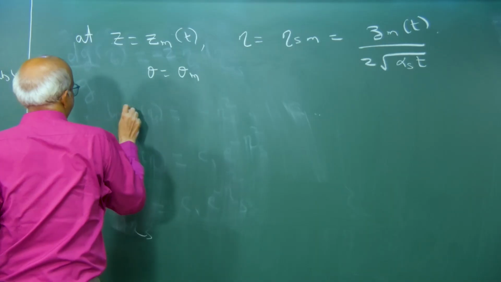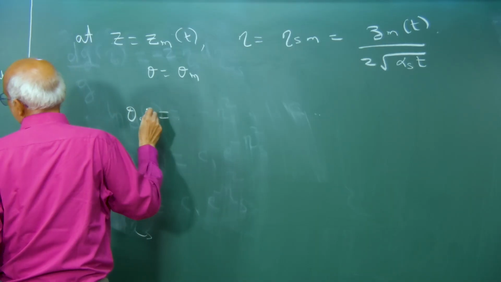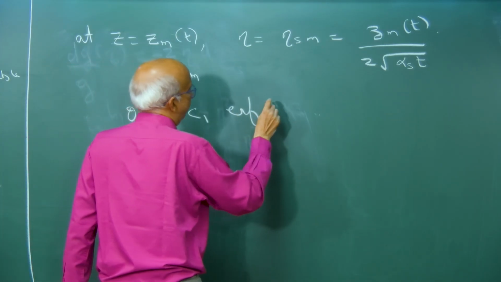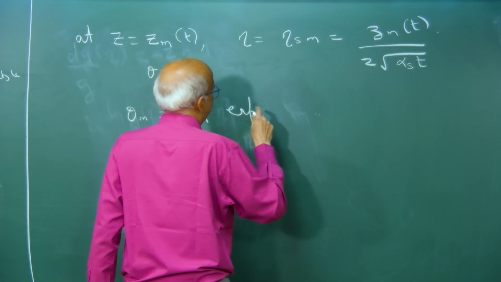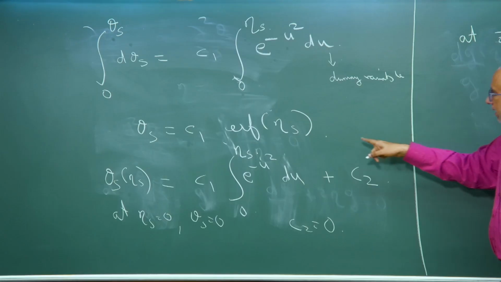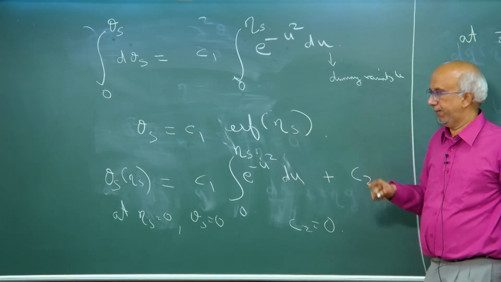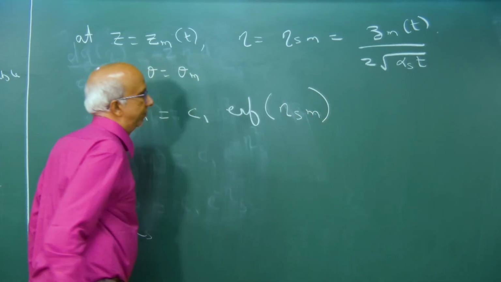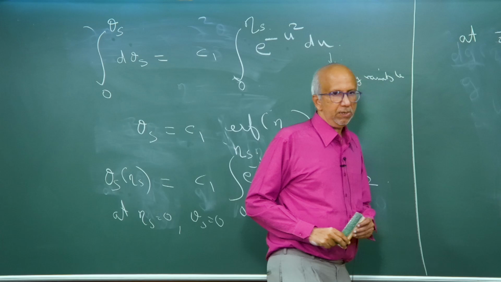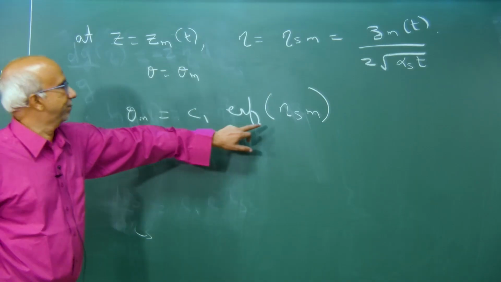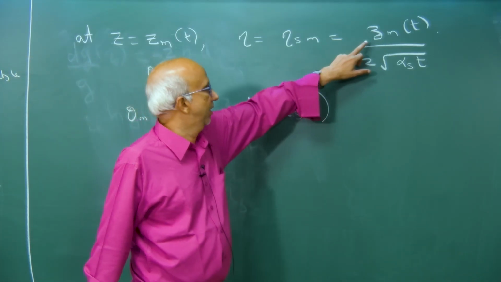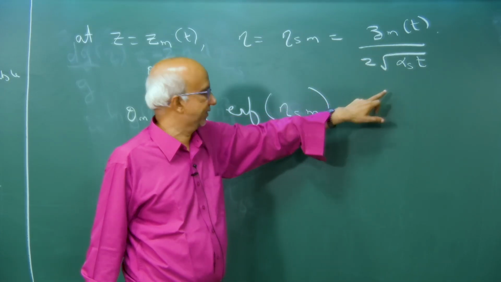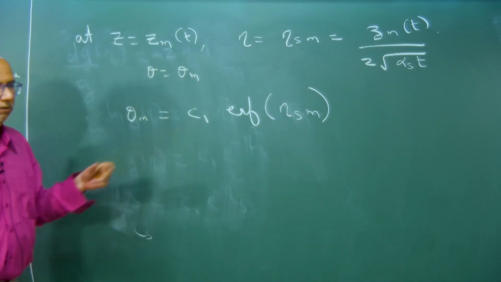So, I put theta m equals C1 times error function of what? I have to evaluate this at the melting point, right. So, this is at the front. At eta Sm is when z is equal to Zm, this is eta Sm.